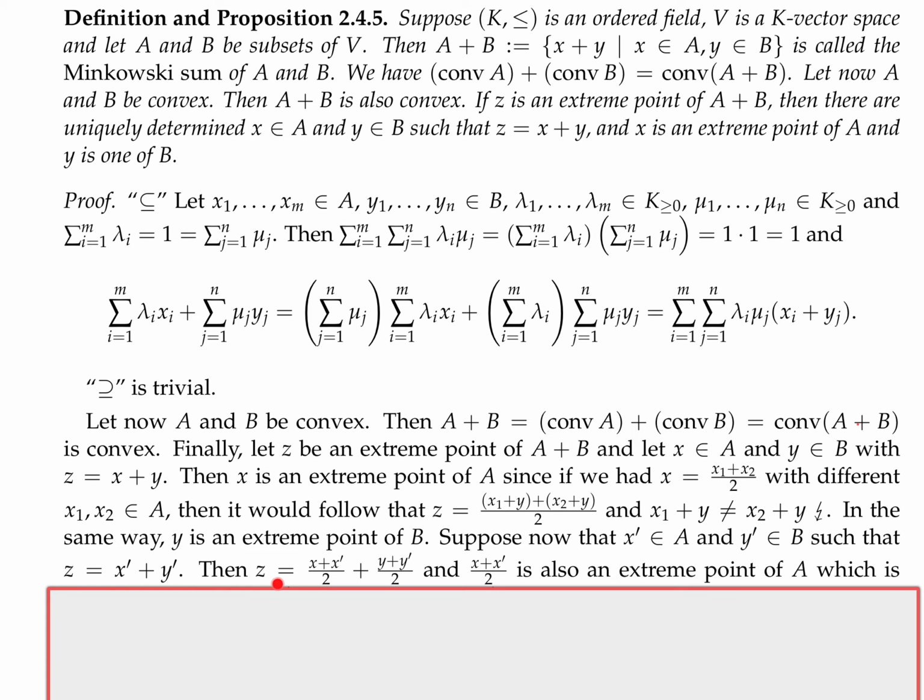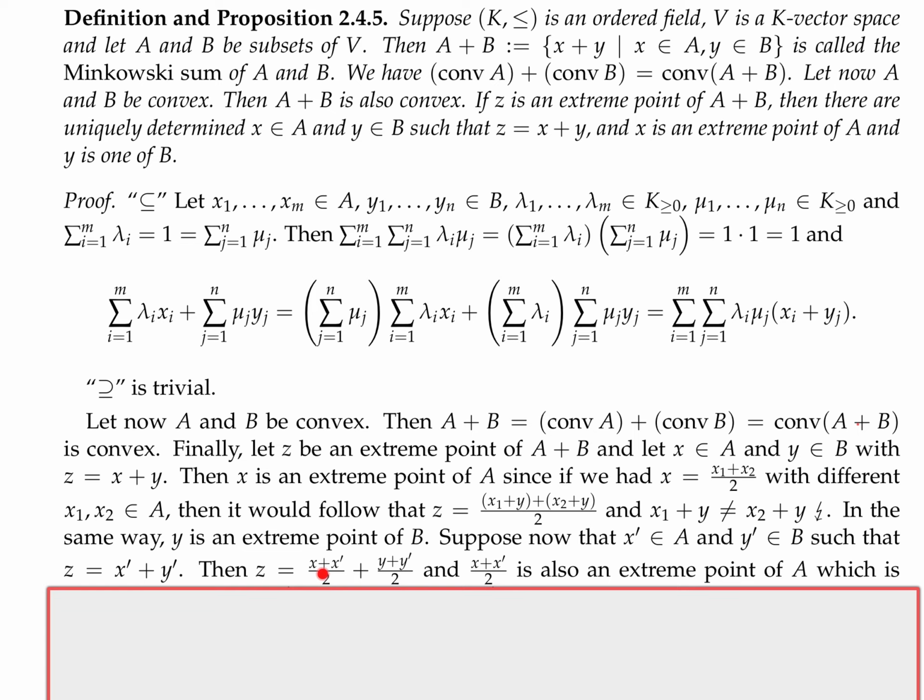But we have z equals (x plus x prime) over 2 plus (y plus y prime) over 2.